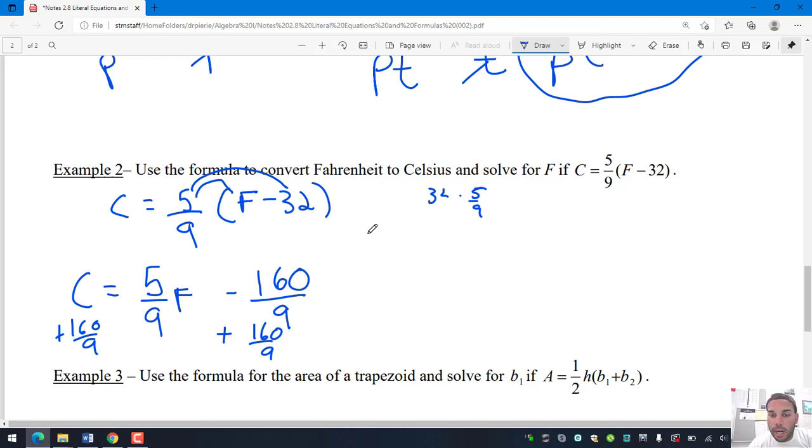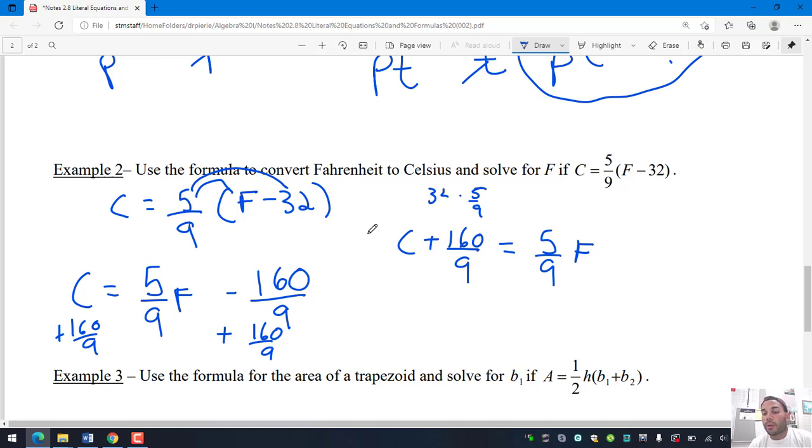So on my left side, I'm left with C plus that 160 over 9, no way I could simplify that any further, is equal to 5/9 F. Still a little bit ugly because we're dealing with a bunch of fractions, but I'm much, much closer to getting this solved for F.